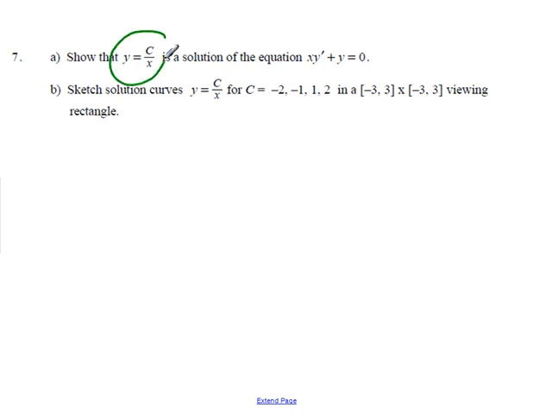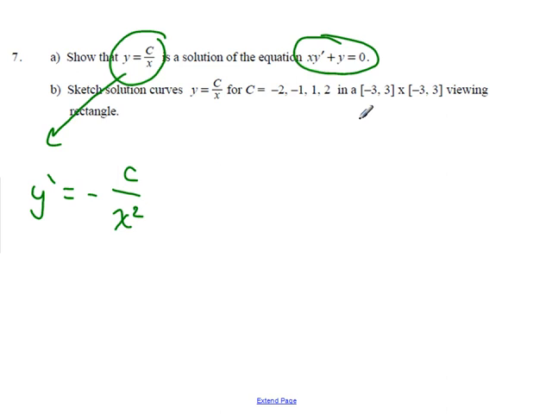Show that the following is a solution to this differential equation. Okay, well, we know what to do here. We have y prime equals, the derivative of that is negative c over x squared. And over here, we have that y prime equals negative y over x.